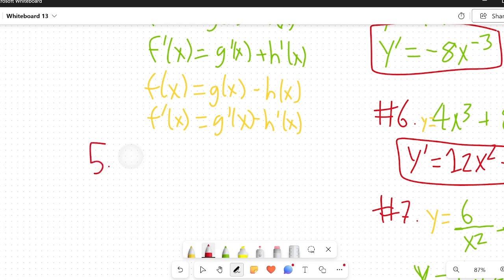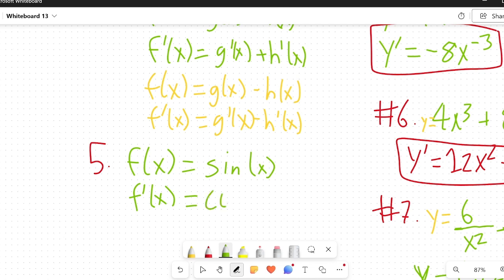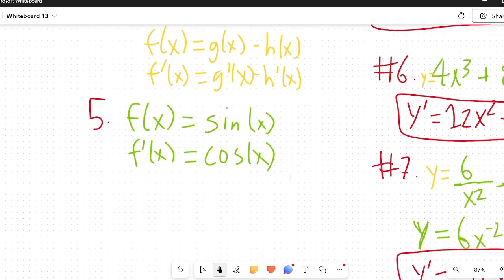So our first rule is that if f of x equals sine of x, then f prime of x, if we take the derivative of sine, we get cosine of x, right?